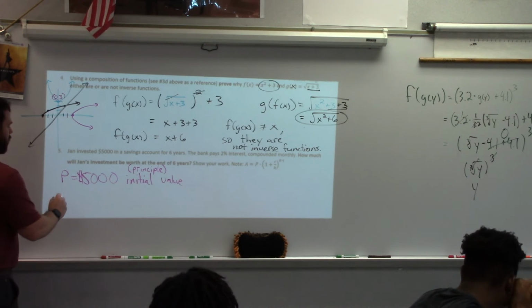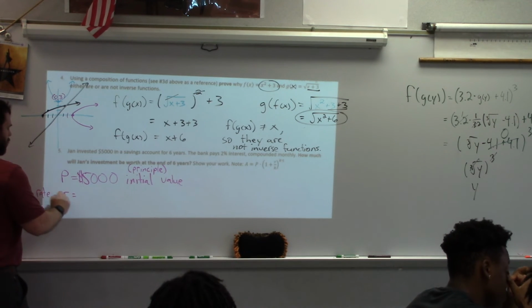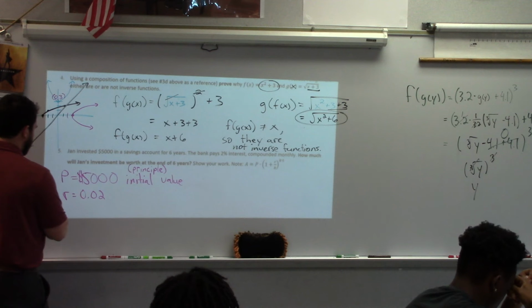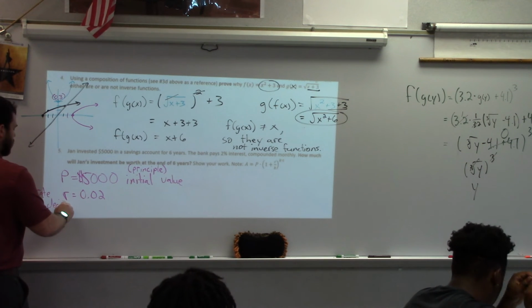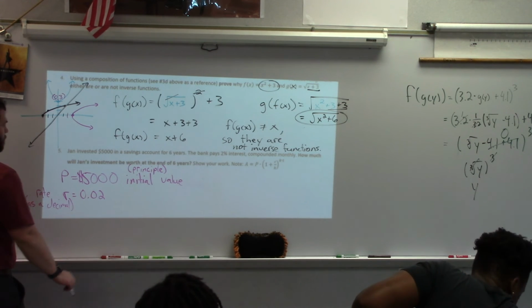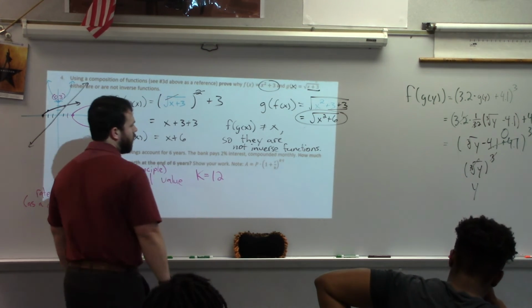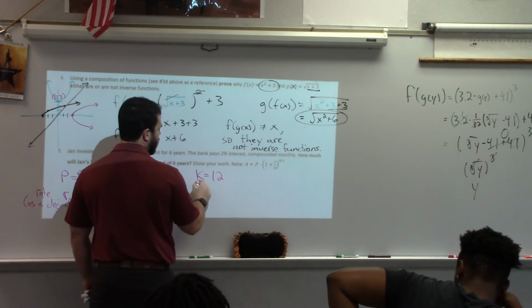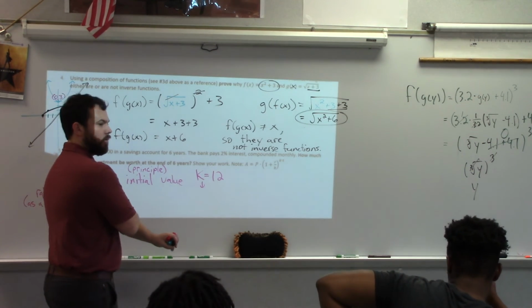Alright, what is R? The rate, which is 2%. Okay. So remember, the rate needs to be as a decimal. Then K is 1. I mean, K is 12. A lot of us thought 1, but what do we mean by K? It's like 12 months.